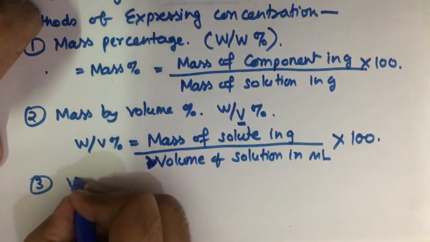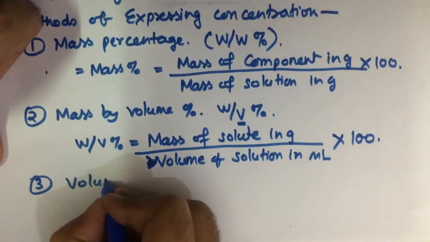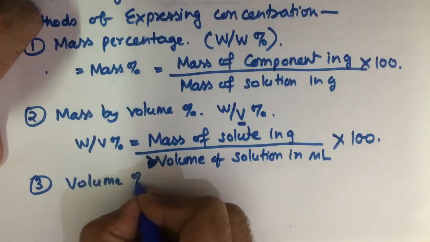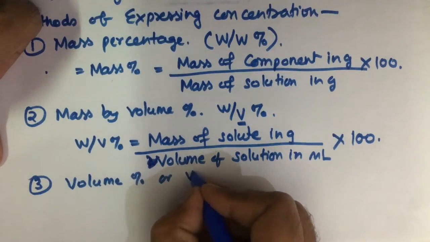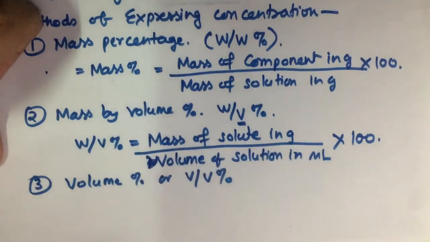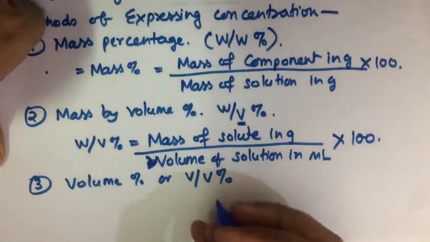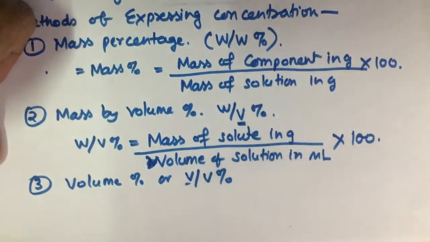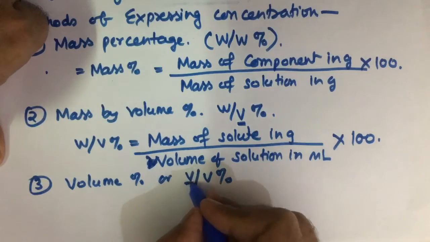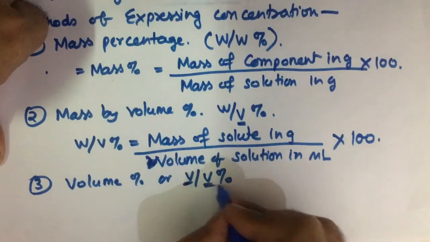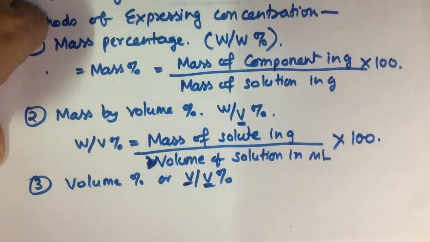Third is volume percentage or volume by volume percentage, V by V percentage. It is the volume of the component, volume of solute present in 100 ml of solution.